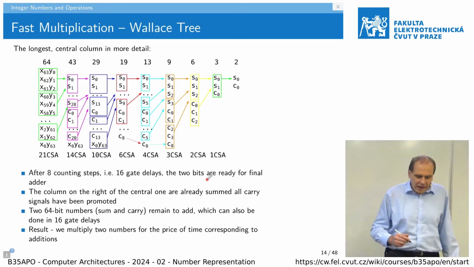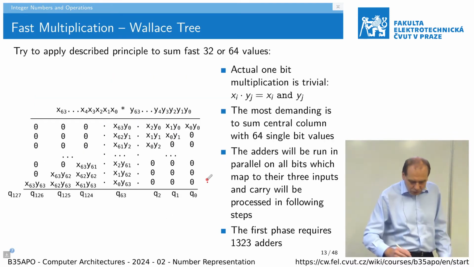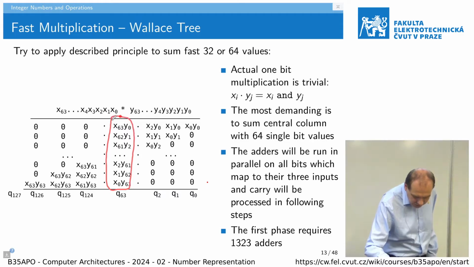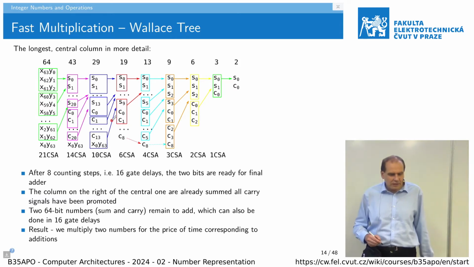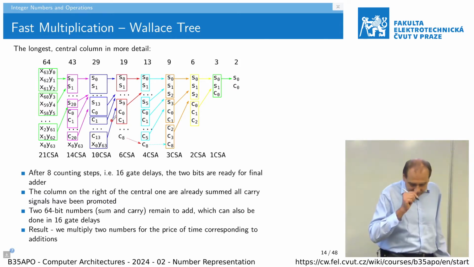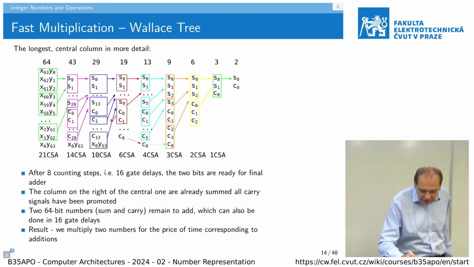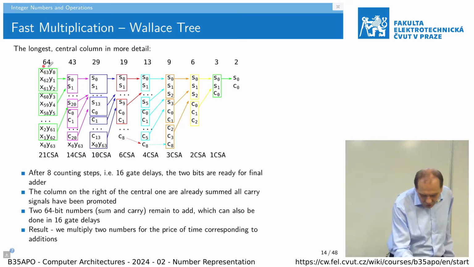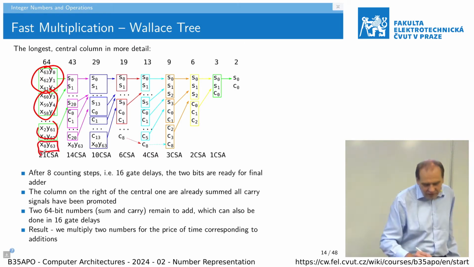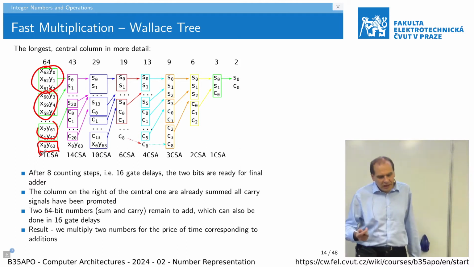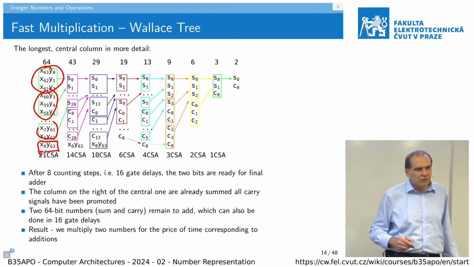If we look at the most complex column, which is this one, which needs to add 32 values, then for adding those 32 values, if we use this carry-save logic, we can build this operation where we add together the 3, and at the end we have one row which doesn't fit because 32 is not divisible by 3.